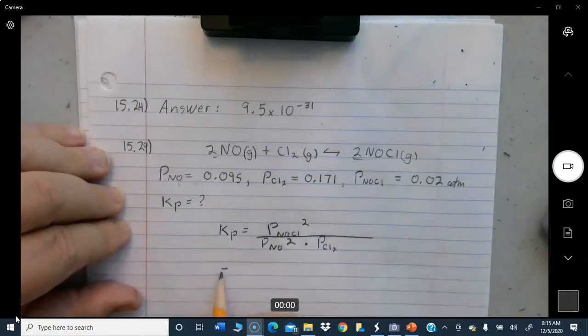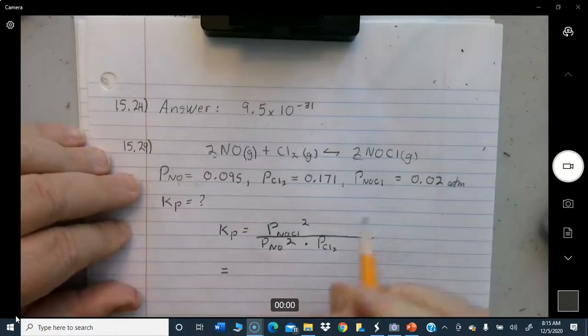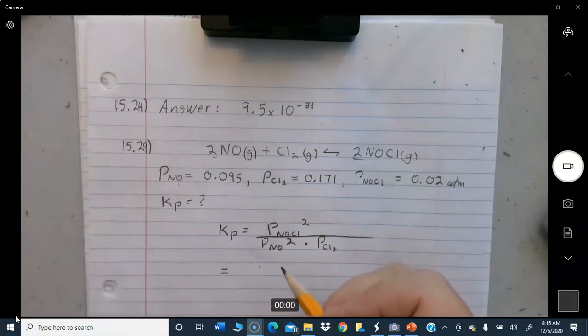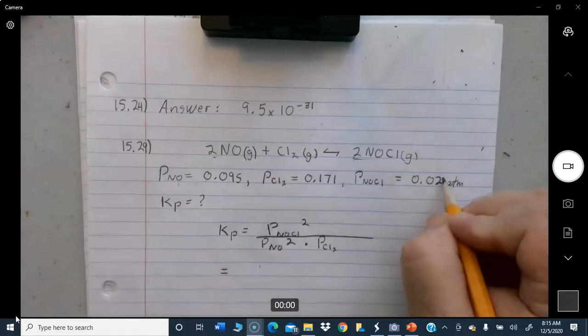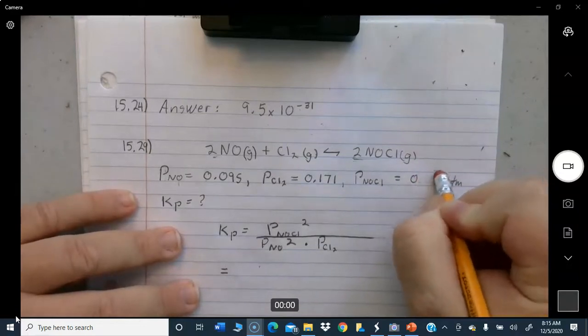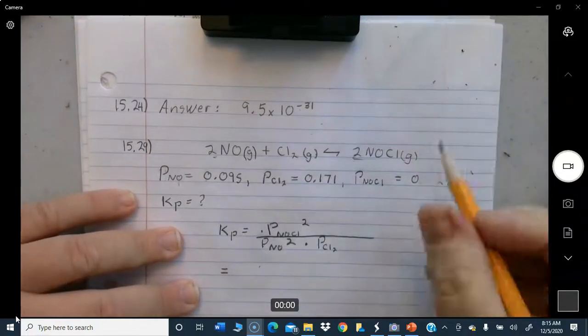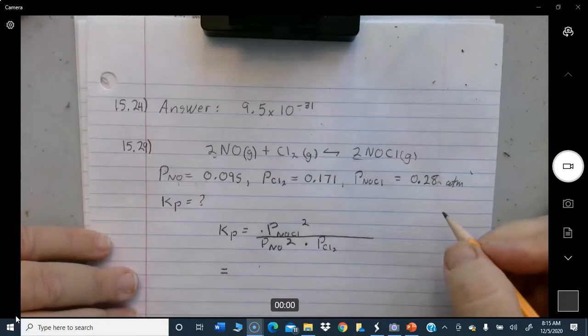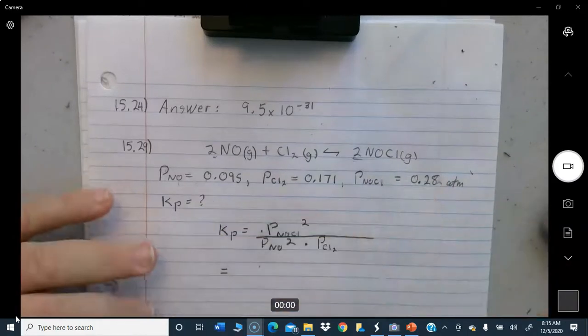So now you plug in the numbers. And I copied one down wrong here. It should be 0.28. That was copied wrong. All right, let me just check the others real quick. The others look good.